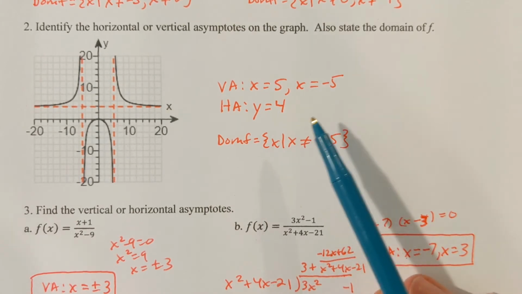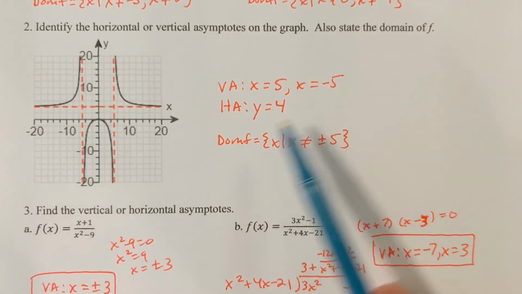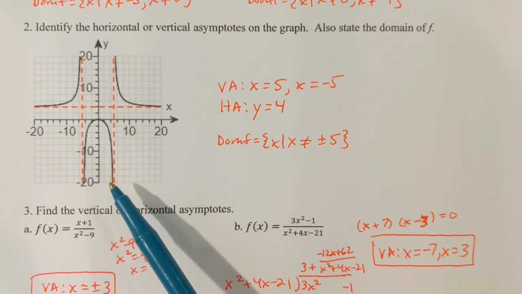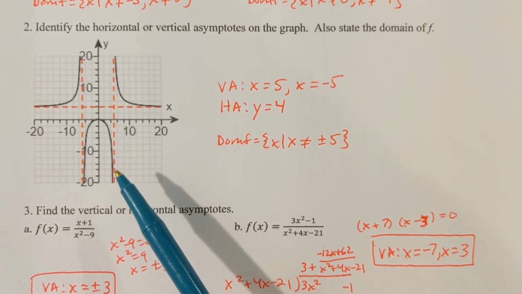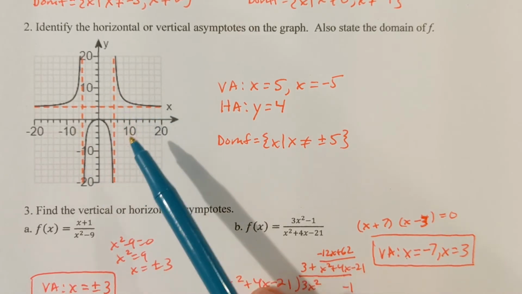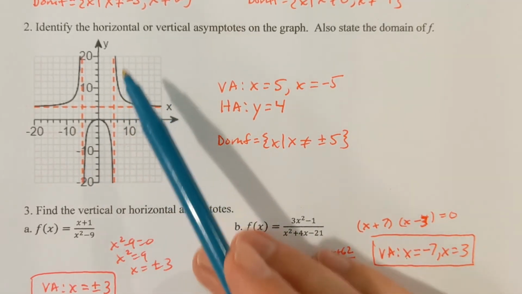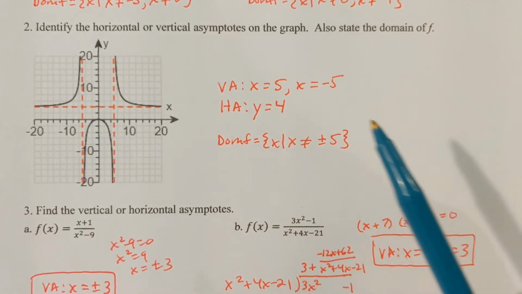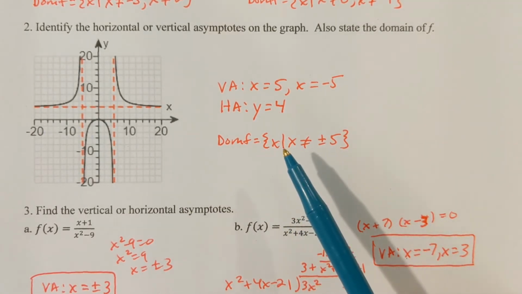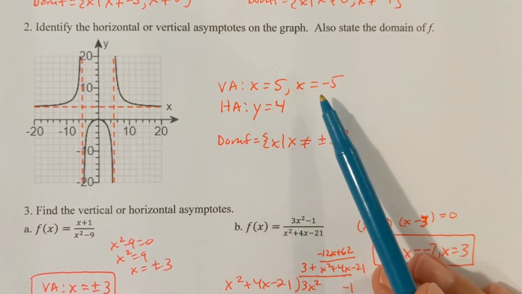Now, remember that the idea of an asymptote is that the graph gets closer and closer to the boundary, but it won't get there. Okay, so that's something that we'd want to recognize here with this curve, where we're not actually going to get to these boundaries, but they are boundaries on the graph. The domain of the function would be all real numbers except for 5 and negative 5.